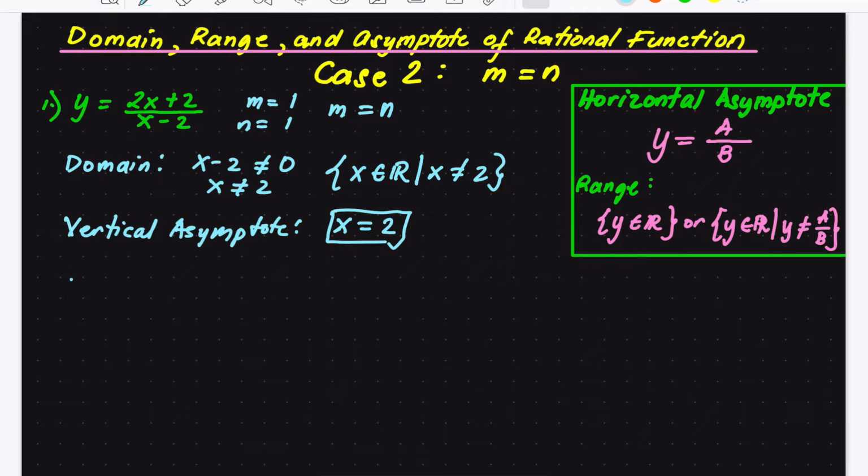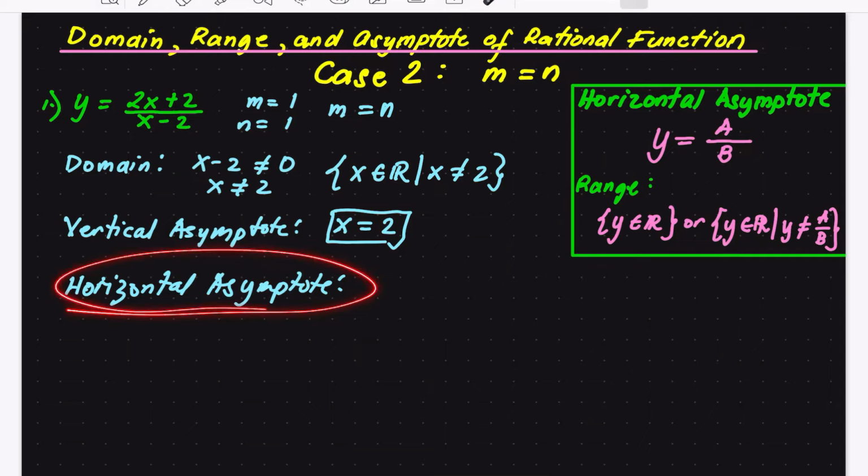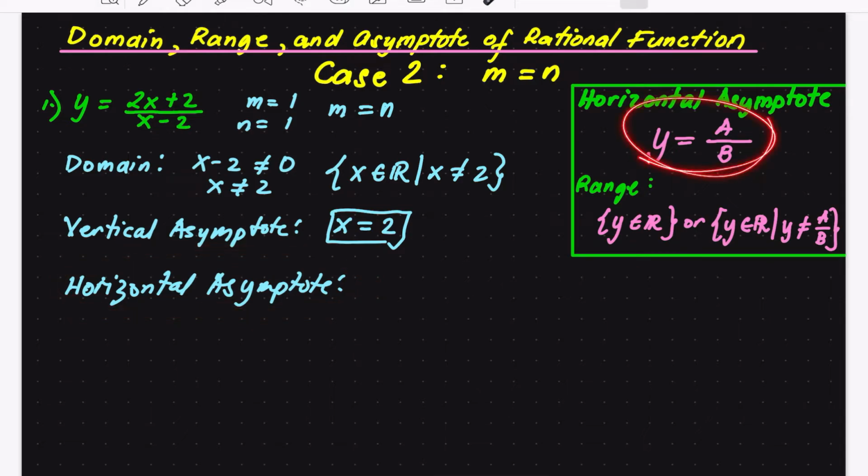So, yung range natin, bago tayo mag-range, i-determine na rin natin ang horizontal asymptote. Okay, so in determining the horizontal asymptote, dito tayo magbe-base doon sa y is equal to a over b kasi case number 2 ito. No? M is equal to n, therefore we're going to use horizontal asymptote y is equal to a over b as formula.